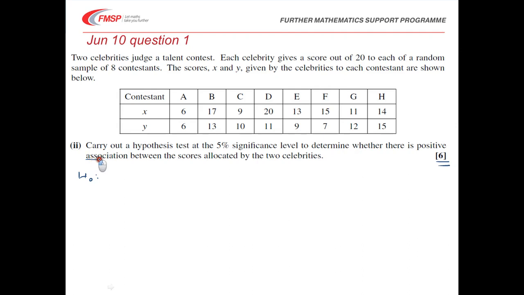So we're asked to look at an association. So here we're going to say no association. Have to use words. So no association between the ranks of X and Y, and H1 will be an association.